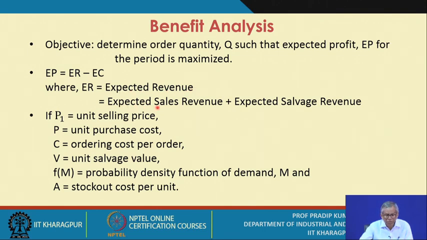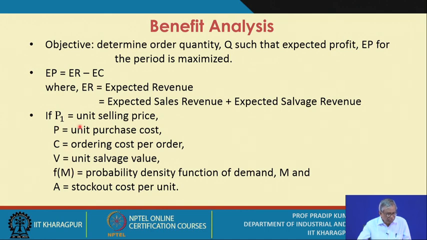Expected revenue means expected sales revenue. That means out of the sales you are getting the revenue, and out of the salvage of, say, the excess quantity, you are also getting salvage revenue. So expected sales revenue plus expected salvage revenue when there is a possibility of salvage.